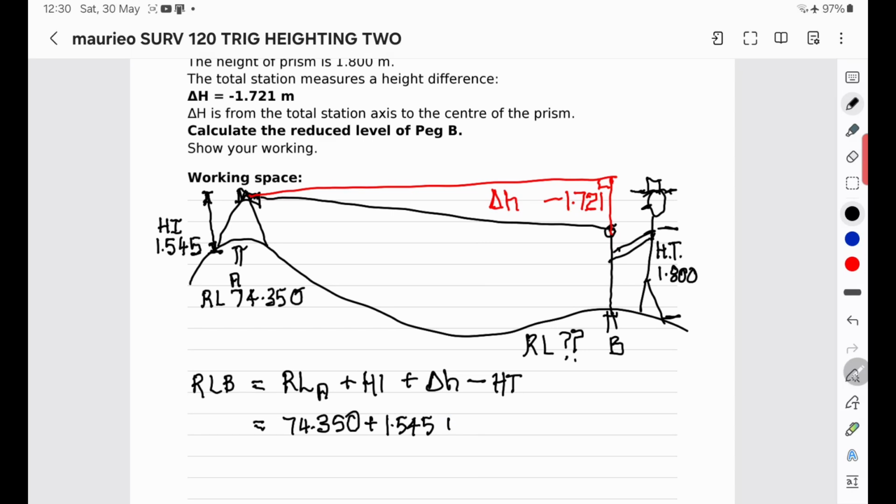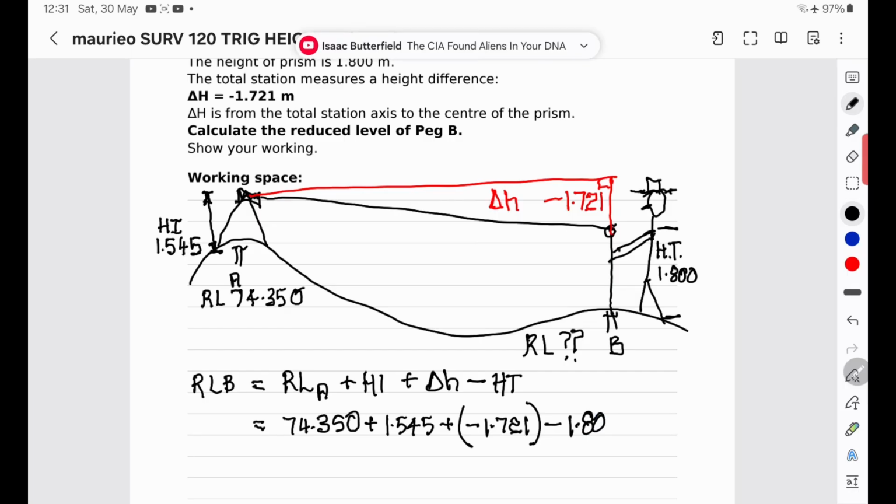Now we've got plus, and delta H is negative 1.721. And then we have got to take away, minus, 1.80.